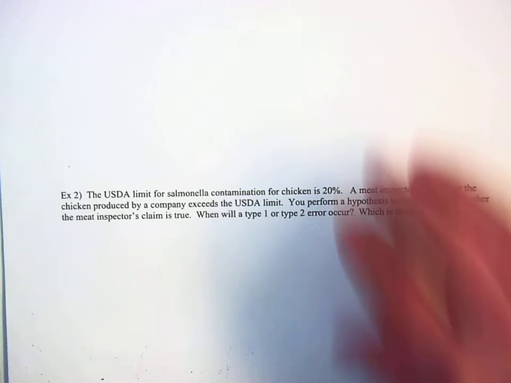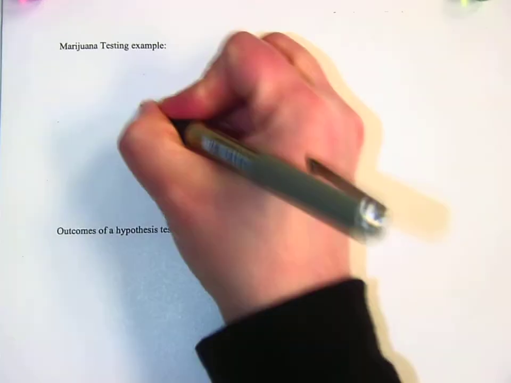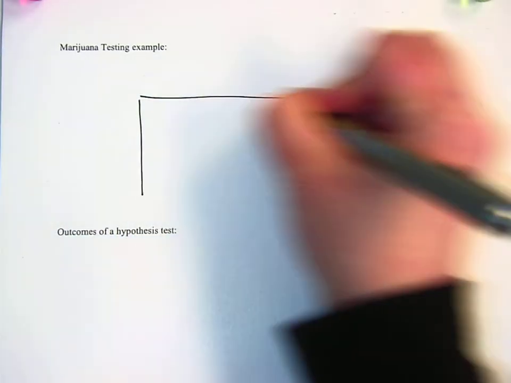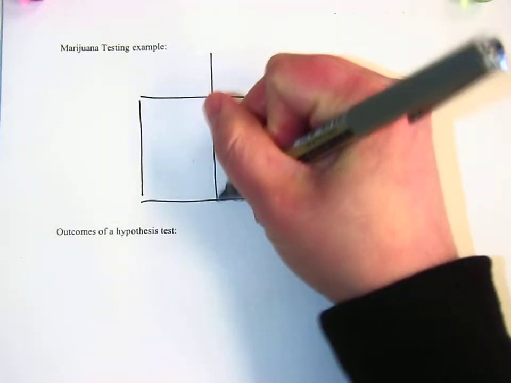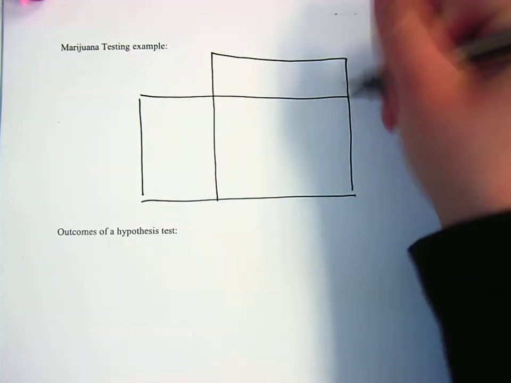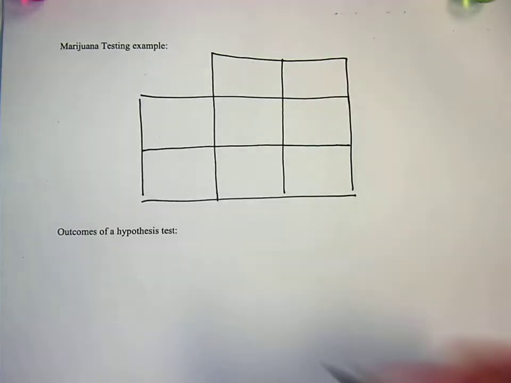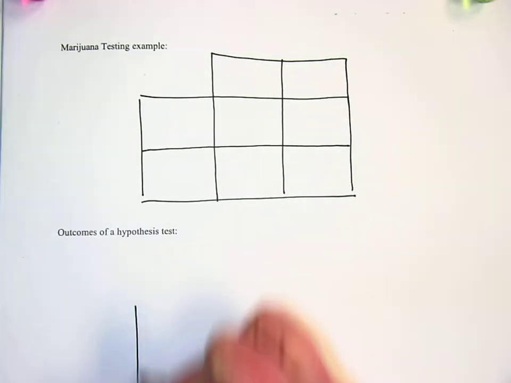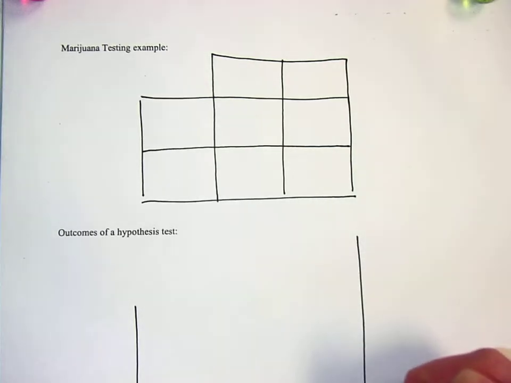So let's draw a picture or a chart. You're going to make two of these that look like this. If you need to pause the video so you can do it, go ahead.